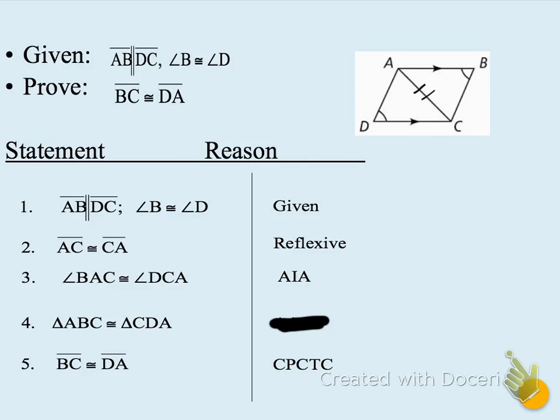And then by alternate interior angles, because if we extended our parallel lines here, we could see that those are alternate interior angles of each other. So by alternate interior angles, those two angles are congruent. So angle BAC is congruent to angle DCA because of alternate interior angles.